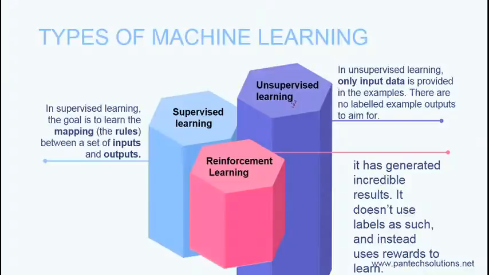For example, the same heart disease prediction data: we have a report with patient details like age and gender, cholesterol level, heartbeat level, but we don't have an output, that is, we don't have a label or output column at the end saying whether the patient will be attacked by heart disease or not, okay. So when data is like this, we need to use unsupervised types of algorithms, okay.